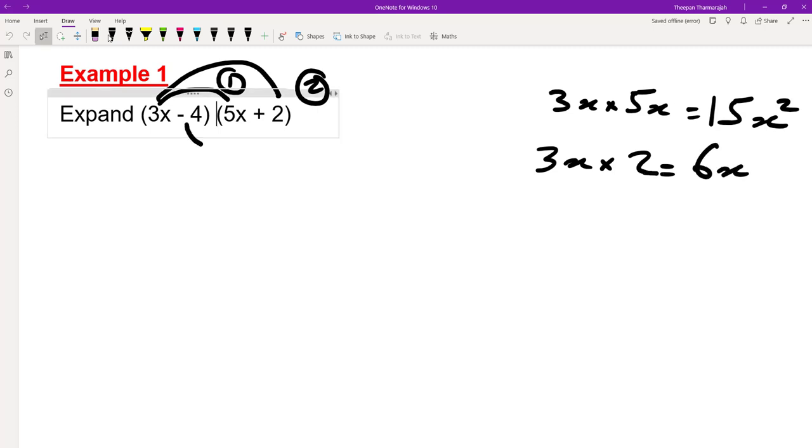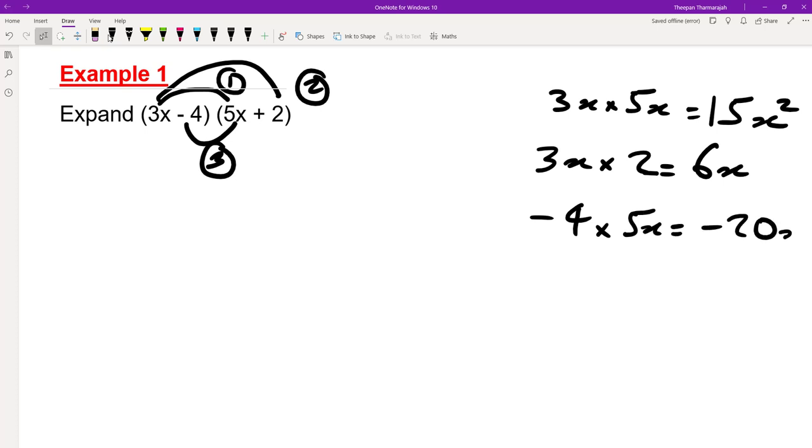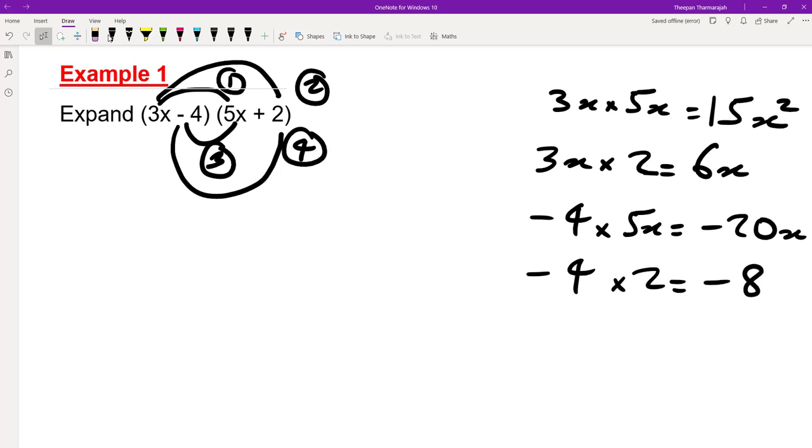Then my third step is minus 4 times 5x. That will give me minus 20x. Then we've got minus 4 times 2 as the fourth step. So minus 4 times 2, which is minus 8.